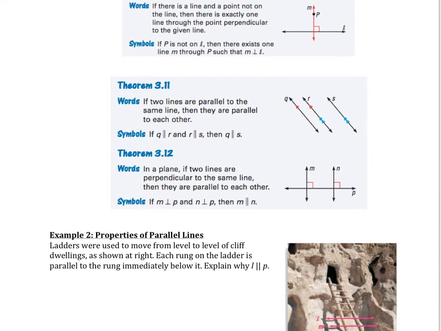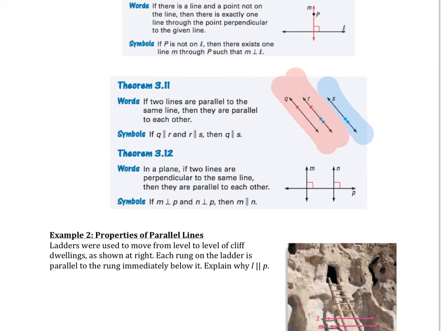It says, if I have two lines parallel to the same line, so here I have R and S are parallel, and Q and R are parallel.